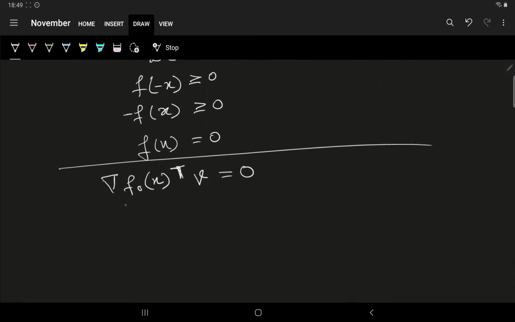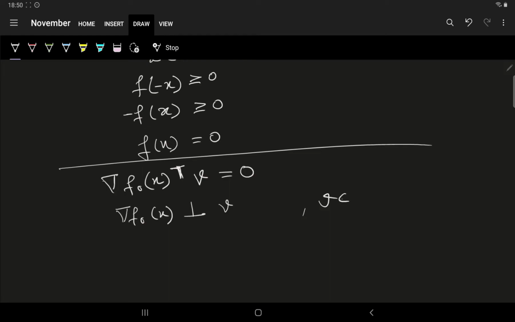So this means del of f naught of x is orthogonal to v, perpendicular to v.